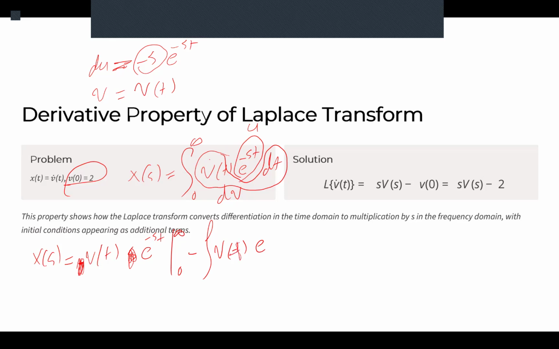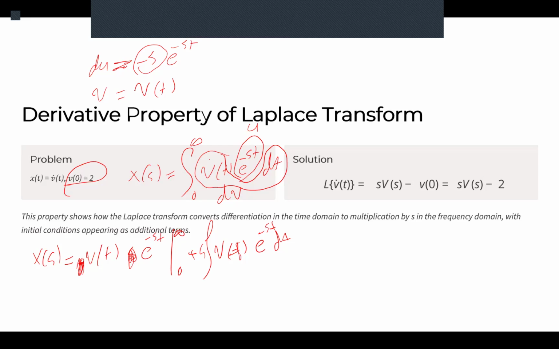And the v du is going to be plus s e to the power of minus st. Are we good on that? Do you know where that came from?